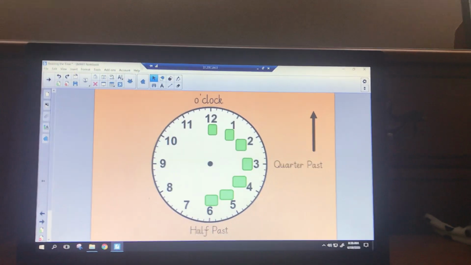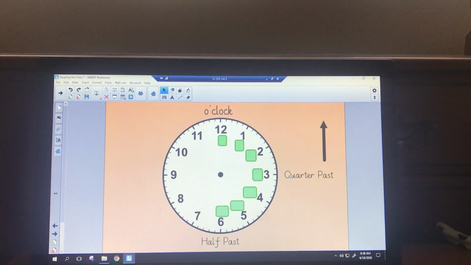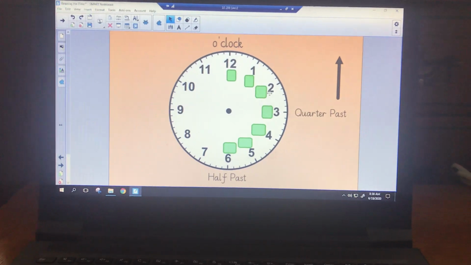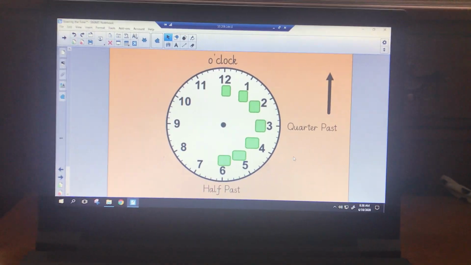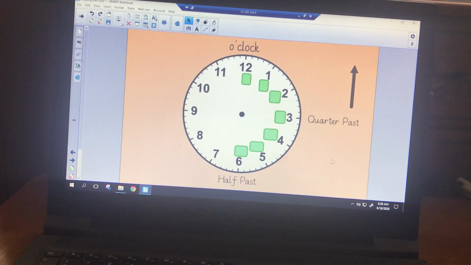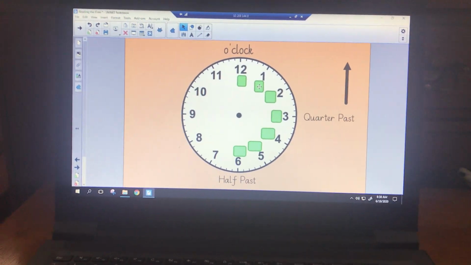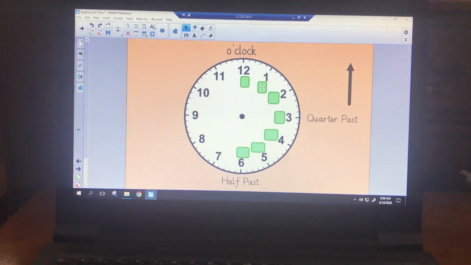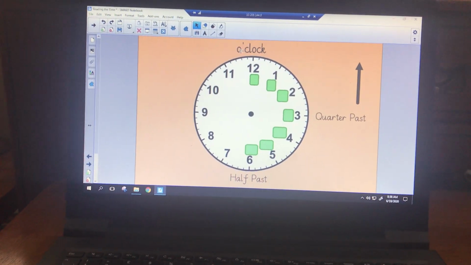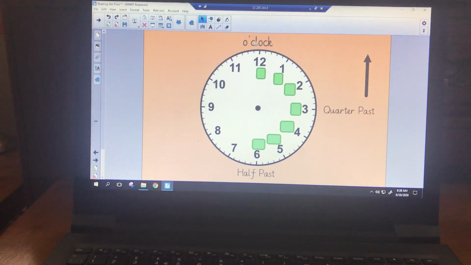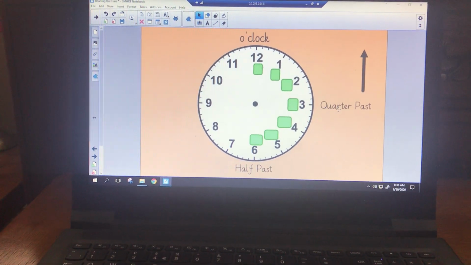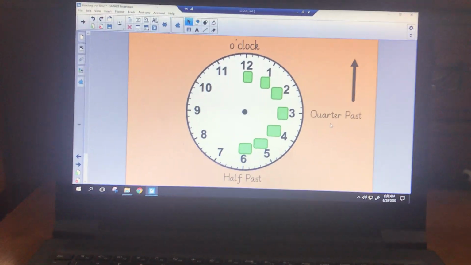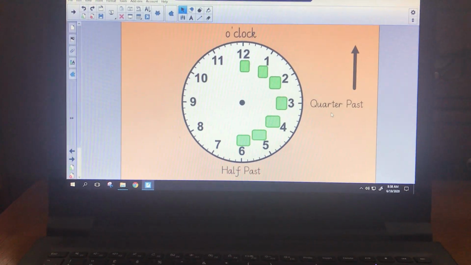I've left o'clock, and I've left quarter past, and I've left half past, because at the moment we're just going to be focusing on this right hand side of the clock, because we also need to learn in year 3 how to tell the time to the nearest 5 minutes, because sometimes it isn't o'clock exactly, and sometimes it isn't exactly quarter past when we read the time. There are times in between that we need to learn how to use.